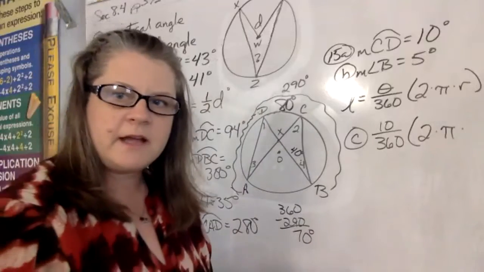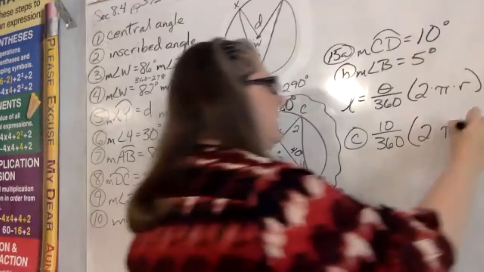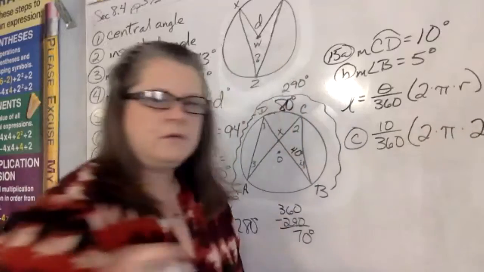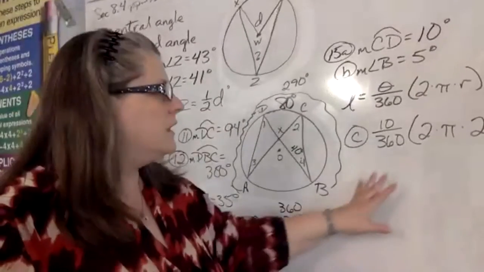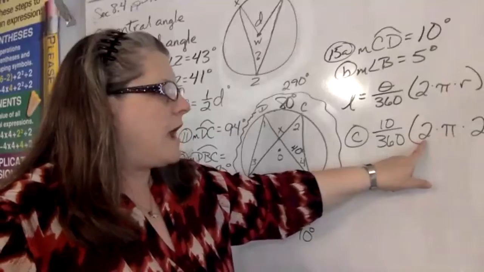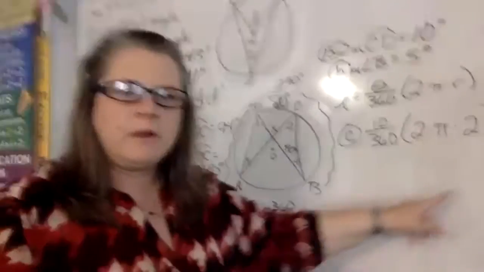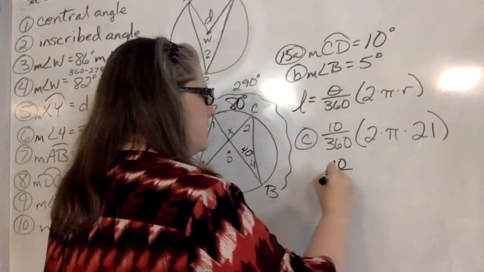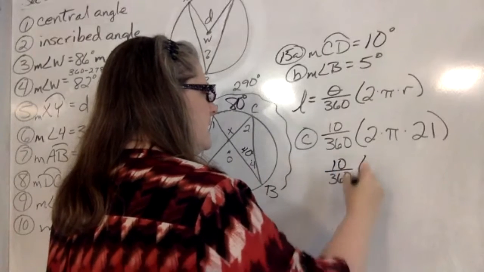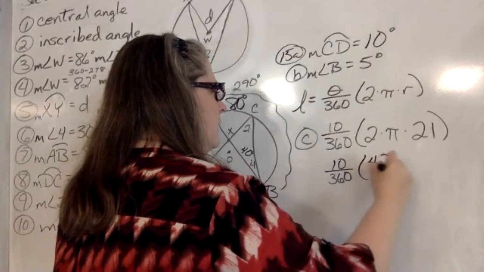Is that correct? Yeah, 21. Okay. So I have that there. So when we look at this, I can go ahead and multiply 2 times 21 to make it a little bit easier. So I have 10 over 360 times 42 pi.